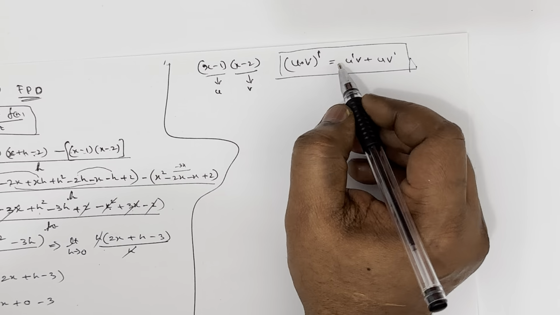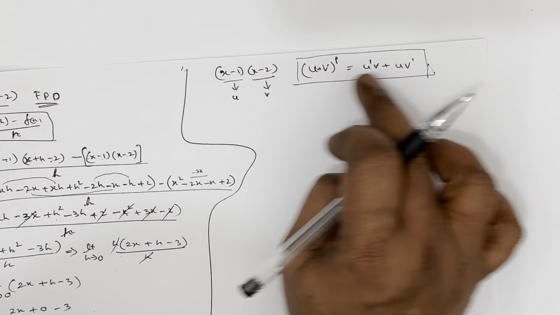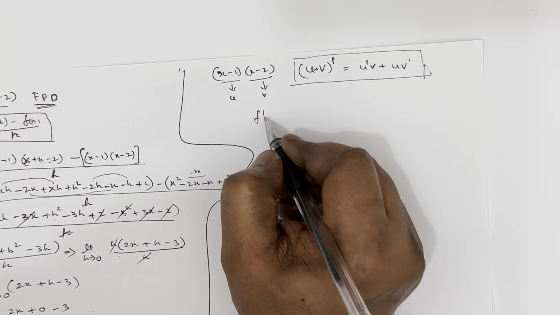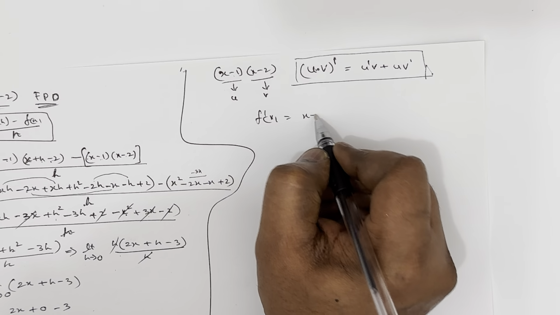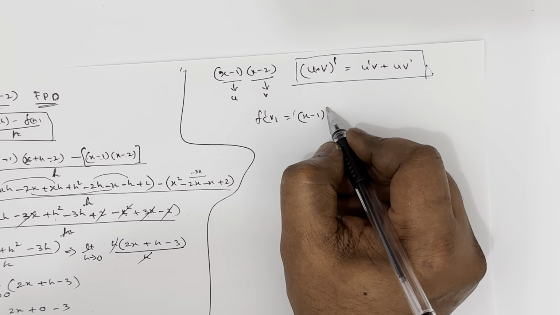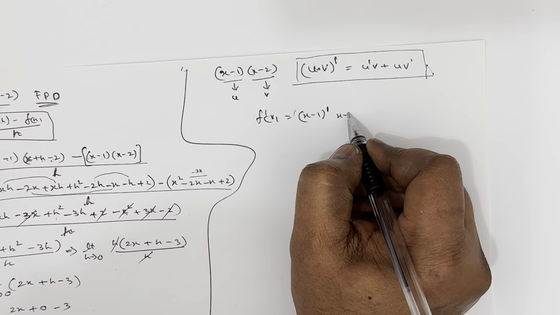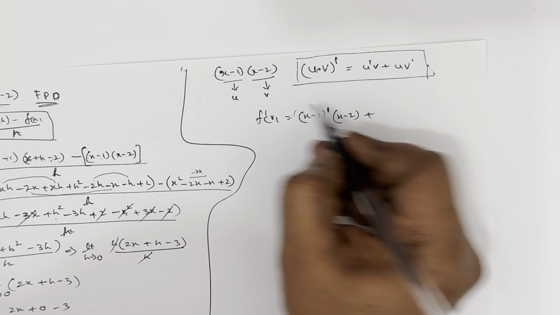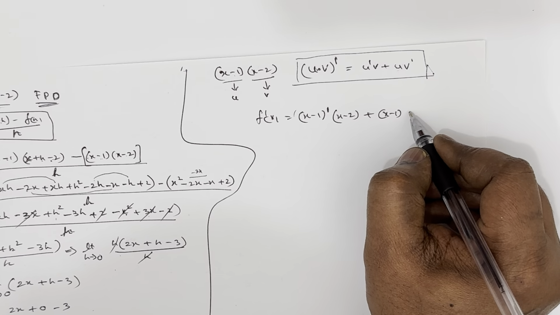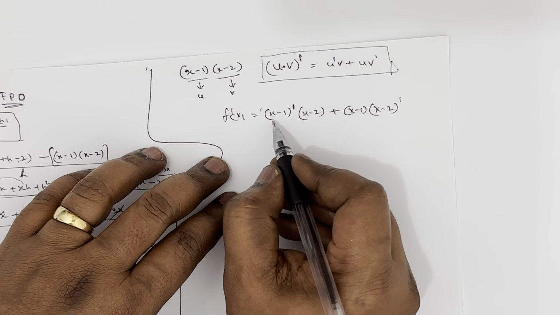So now let's expand this assuming it to be uv. f dash of x will be (x minus 1) dash, or you can also write d/dx, but this is better, (x minus 1) dash and v as it is, x minus 2, the second function, plus x minus 1 as it is, u, and v dash, (x minus 2) dash.